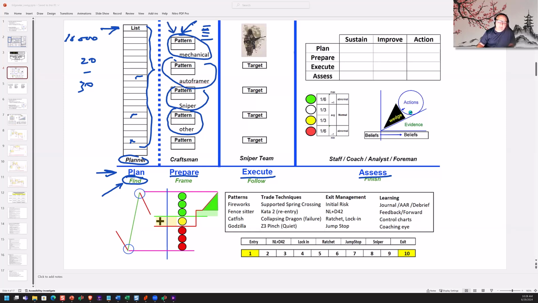A second template we're going to look at is the idea of the auto framer, which we ended up creating in order to take all of the ones that were firing on the mechanical systems, and we had an abundance of good ideas, and we used the auto framer to start calculating automatically the reward to risk ratio in order to prioritize those that gave us the best possible payoff for a standard amount of risk.